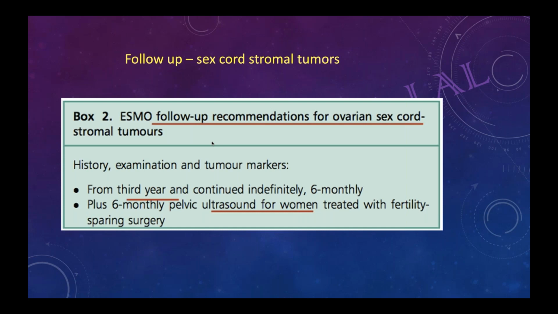If fertility sparing surgery is done, then this will be accompanied by a pelvic scan every 6 months. So it is easy, not difficult to remember. From the third year, indefinitely. So indefinitely, 6 monthly, and if the uterus is there, then TVS 6 monthly. So this is the follow-up for ovarian sex cord stromal tumors.